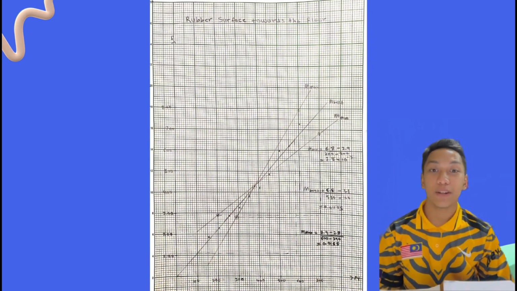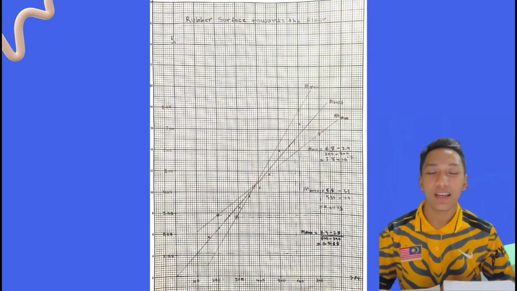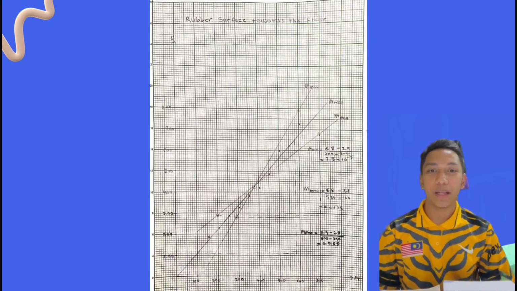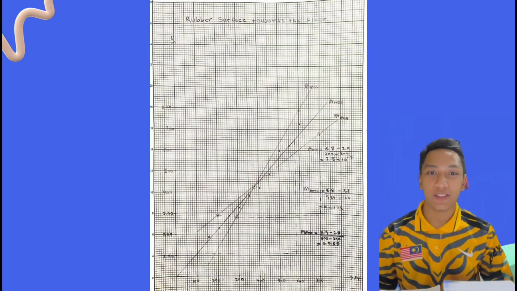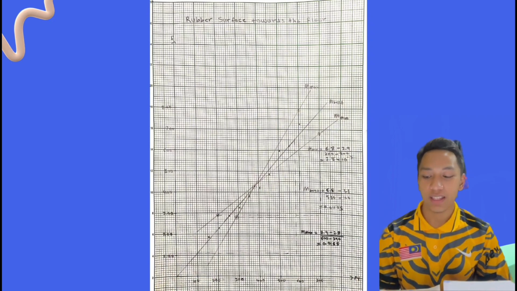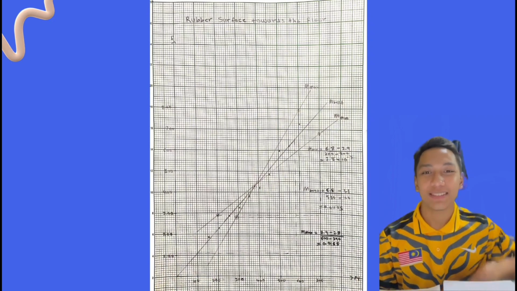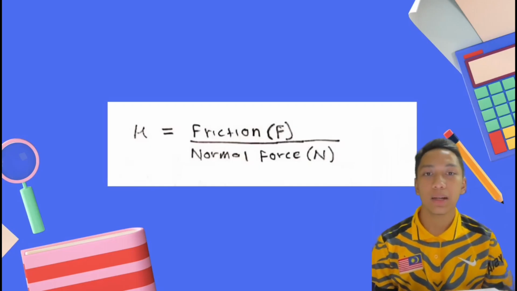The last point in this graph is the midpoint. The midpoint for x in this graph is 380, and the midpoint for y is 4.27. And then we are going to move on to the next one.